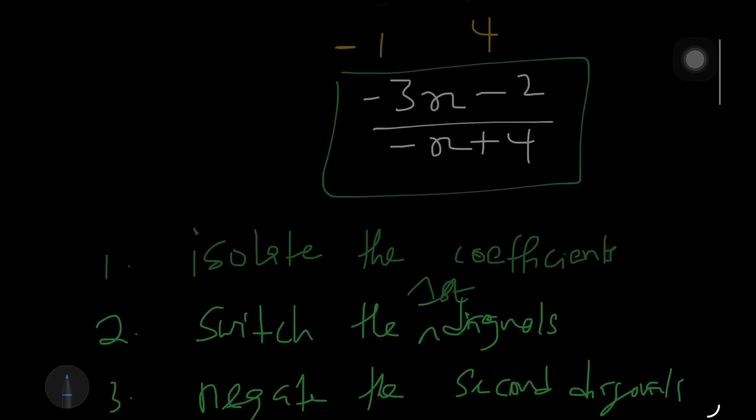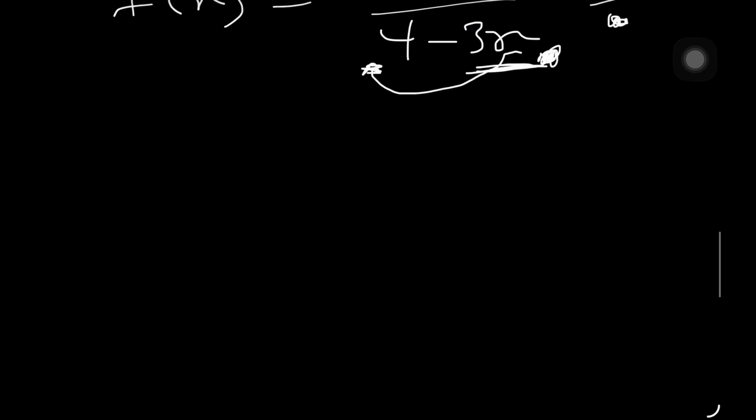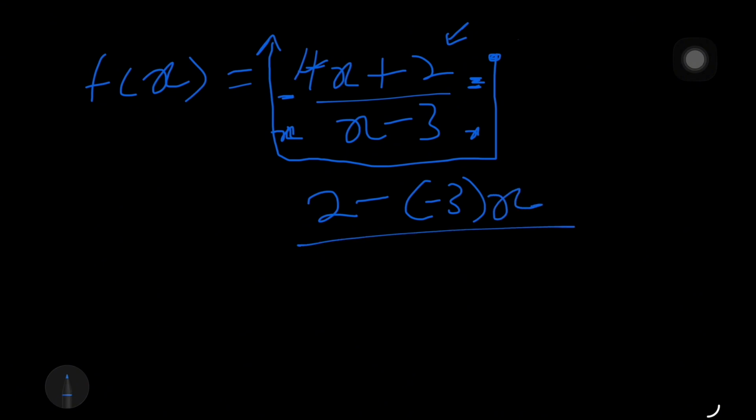What I mean is that you start solving from this value. You start saying your answer from this value. So the answer is 2, and there's a negative sign here. So minus negative 3. There's an x here, x, all over x minus 4.